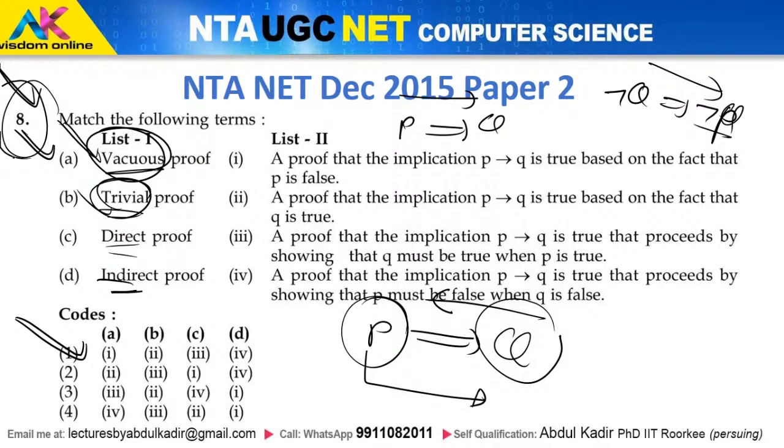I have already solved question number 8 and given the definitions of Vekas proof, trivial proof, direct proof and indirect proof. The recordings are already available to you and you can re-watch them anytime.